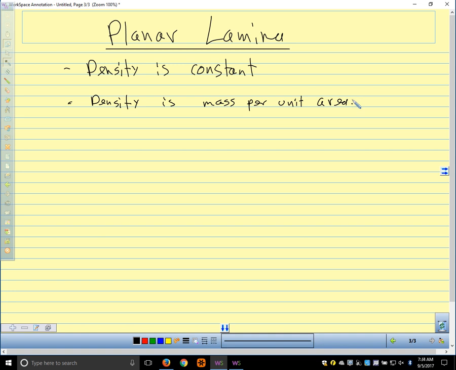That's how we're going to measure our density. And we're going to use the symbol rho for density. It's like a curvy p. You just don't have the little top thing. But that's rho.